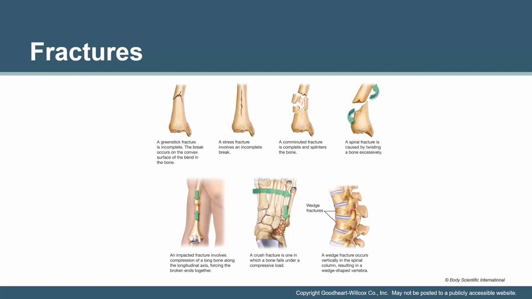Avulsion fractures are caused when a tendon or ligament pulls away from its attachment. This could be from really fast jumping movements.